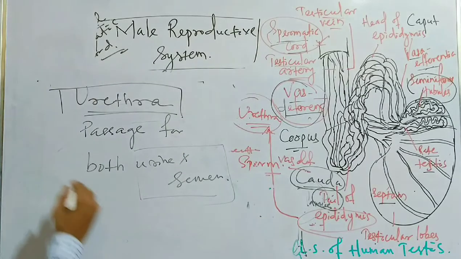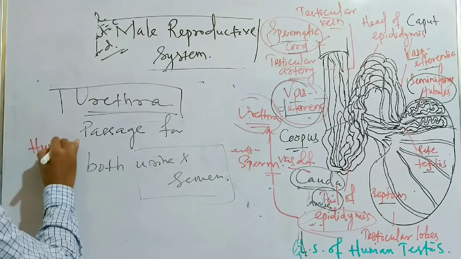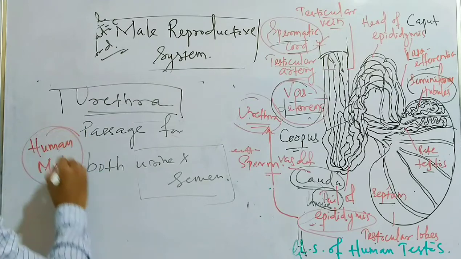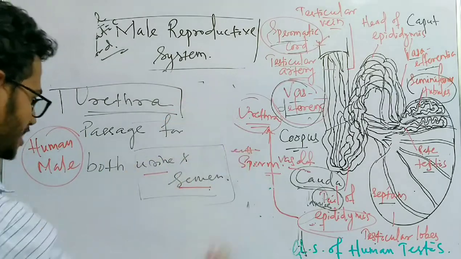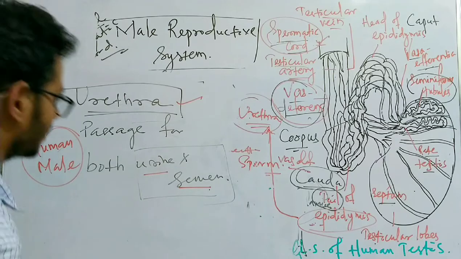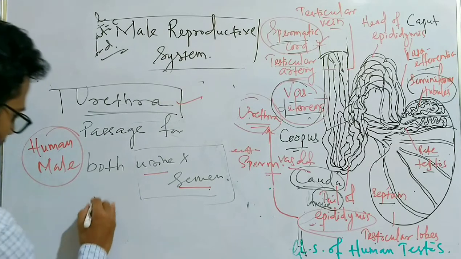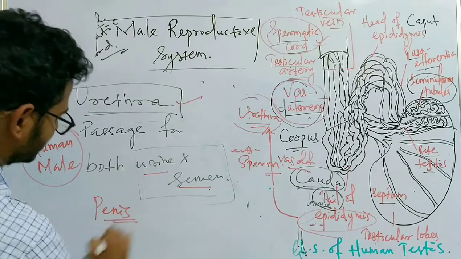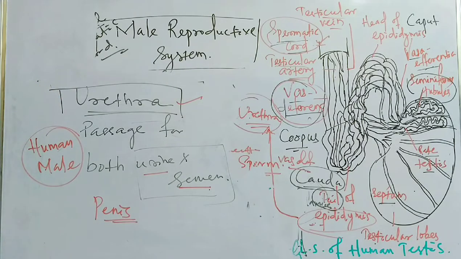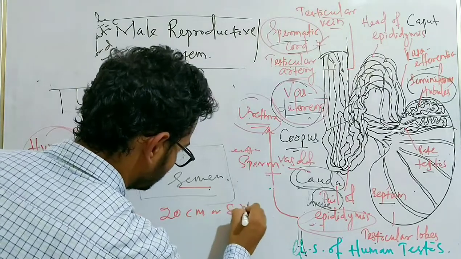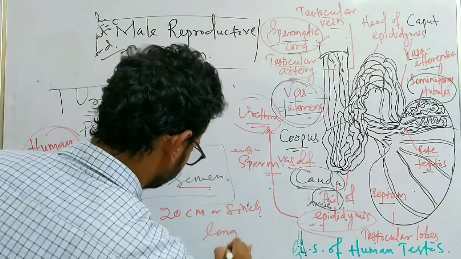In the case of the human male, we are talking about male, both the urine and semen come out through the urethra, which passes through the penis, the external genital organ. This urethra is about 20 centimeters or 8 inches long.